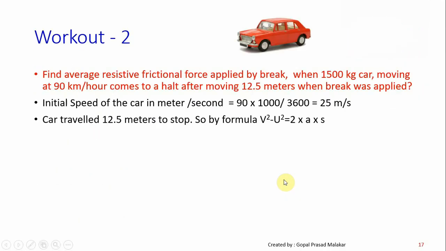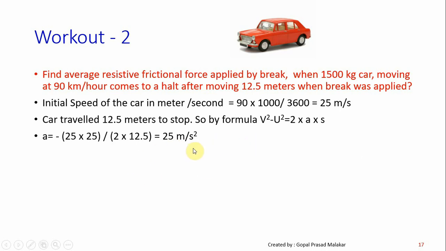The final velocity is 0 when it comes to a halt, u is 25 meter per second, 2 into a, and s is 12.5 meters. The minus sign gives the direction of acceleration, which is opposite to the velocity. So it's 25 into 25, because u square and v is 0, divided by 2 into 12.5, which gives you a equal to 25 meter per second square.